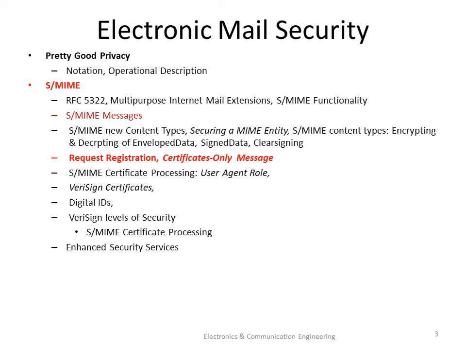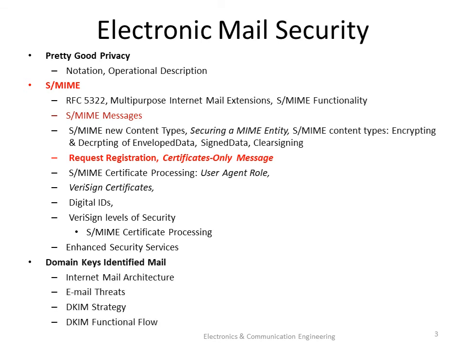And in S/MIME messages also we have covered a few topics like content types, MIME entity, and encrypting and decrypting of enveloped data, signed data, clear sign. Now we will move on to request registration, certificates-only messages and a few other things in this, and it will also be followed by DomainKeys Identified Mail, and this will end the revision for module 2.